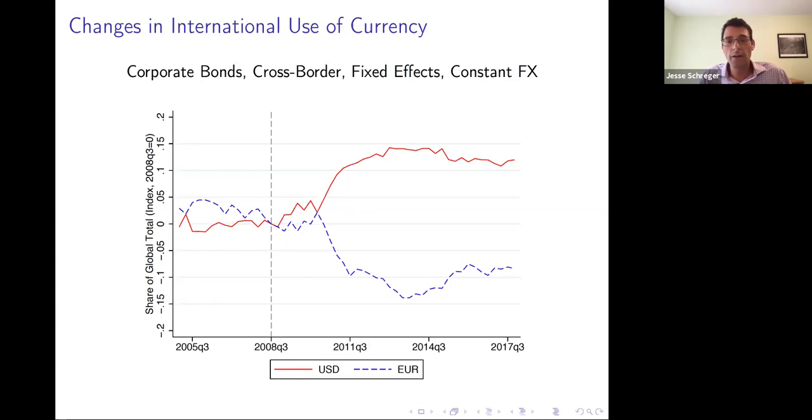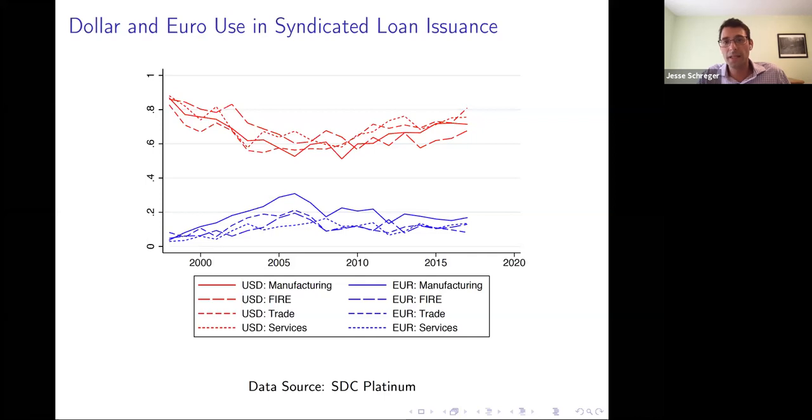And going to the earlier question on whether we see something similar in bank loans, we look at this using microdata from syndicated loan issuance from SDC Platinum. Here we can actually split the type of firm that issues: manufacturing, finance, investment, real estate, trade, and services. And again, we see a very similar pattern of the rise of the dollar and decline of the euro over the last decade plus.